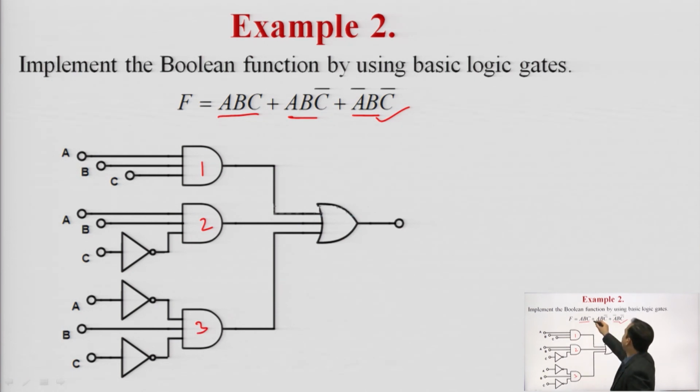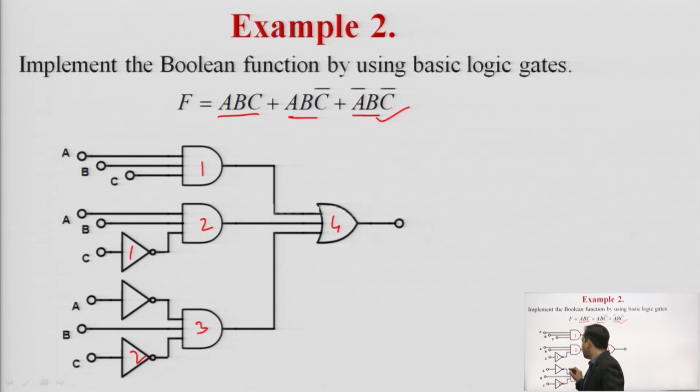After that, to perform this operation we need one OR gate. Then we have C bar and A bar, so to implement them we again need an inverter. Instead of two inverters, we can use one inverter and provide the same input to both pins.